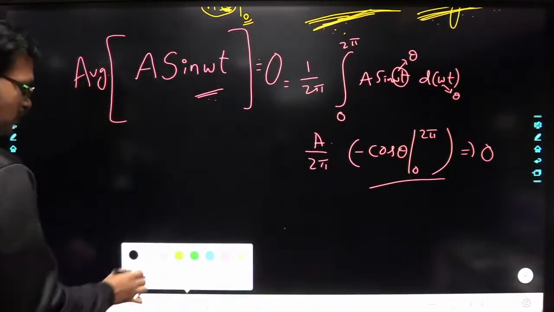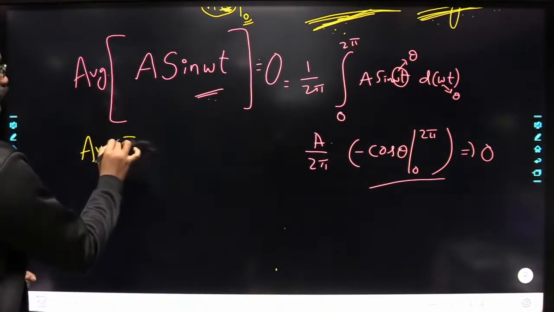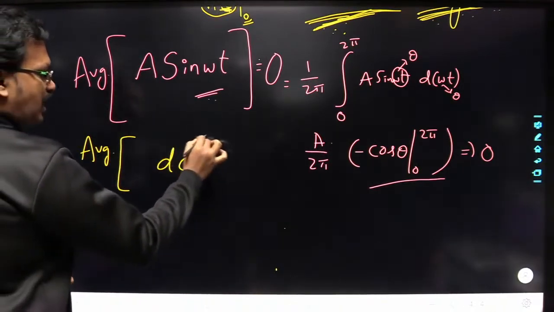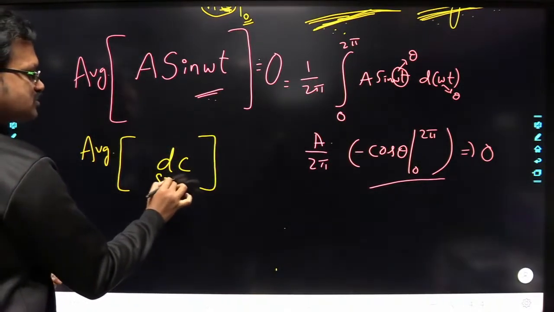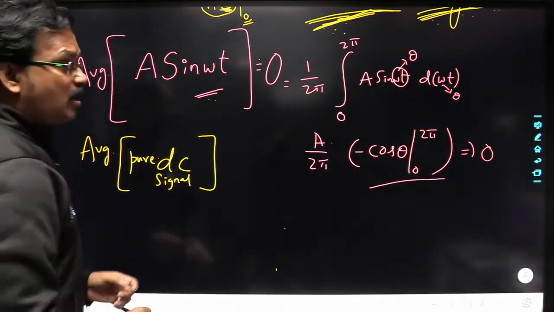Now if I consider the average value of a pure DC signal, what are you going to get here?